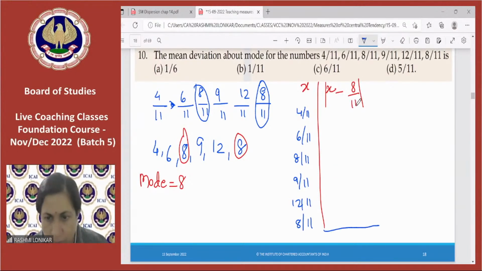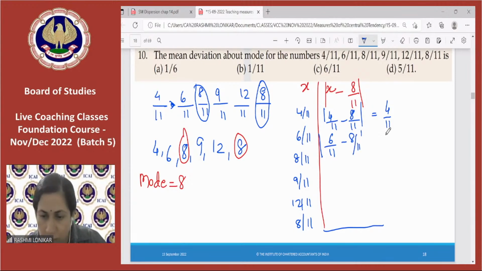Now what do I have to find? I want to find the difference. So this is 4 upon 11 minus 8 upon 11, which gives you 4 upon 11, because I am taking the absolute value, I don't consider the sign. 6 upon 11 minus 8 upon 11 gives me 2 upon 11. 8 upon 11 minus 8 upon 11 gives me 0.